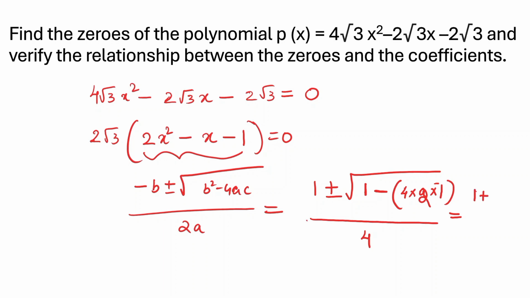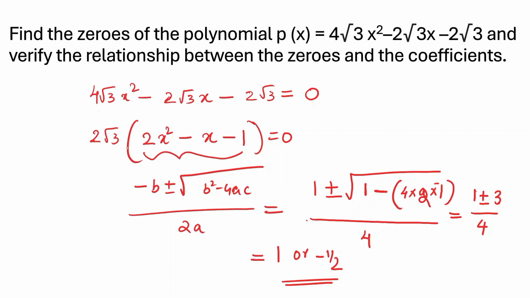So 1 plus or minus root 9 is 3, okay, divided by 4. So roots are 1 plus 3, 4 by 4, either 1, or 1 minus 3, minus 2 by 4, minus half. Either 1 or minus half. These are the zeros.